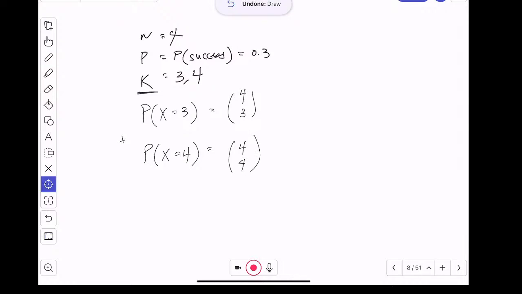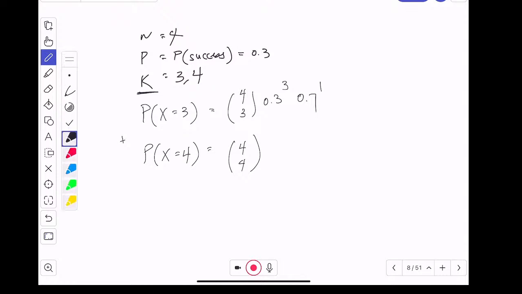So for 3 successes, the chance of a success is 0.3, and we want the 3 successes, and then that leaves 1 failure. What's a failure? It's 0.7 to the 1. Remembering that these must add to n, and these must add to a total of 1.